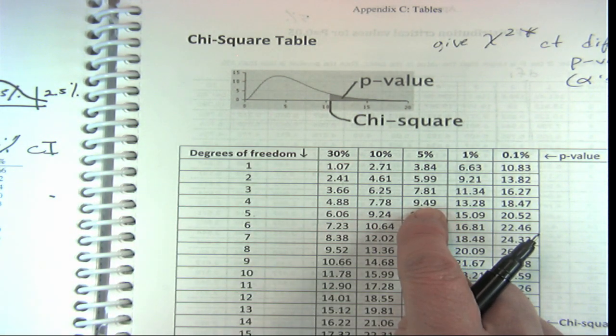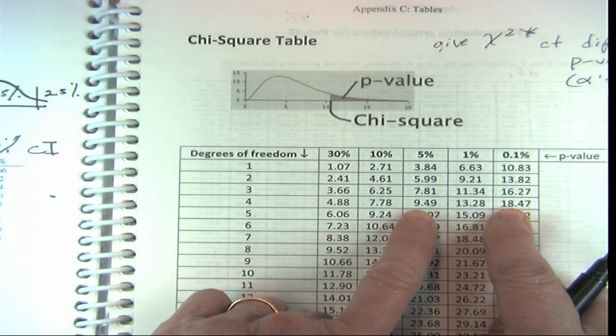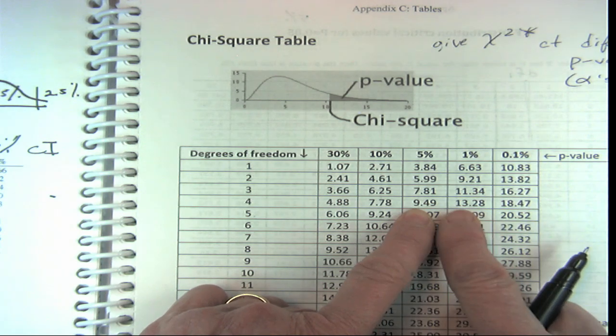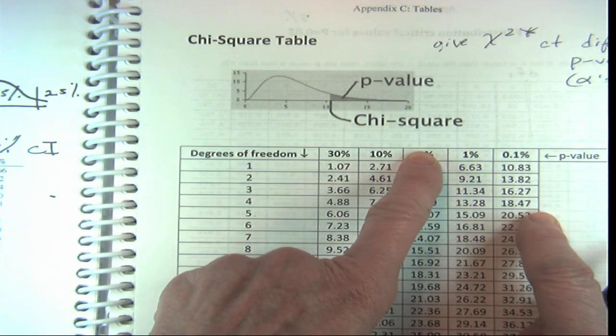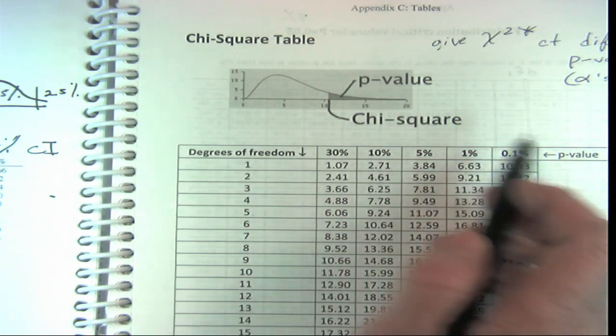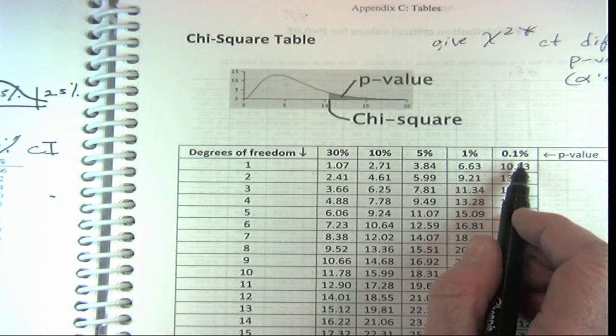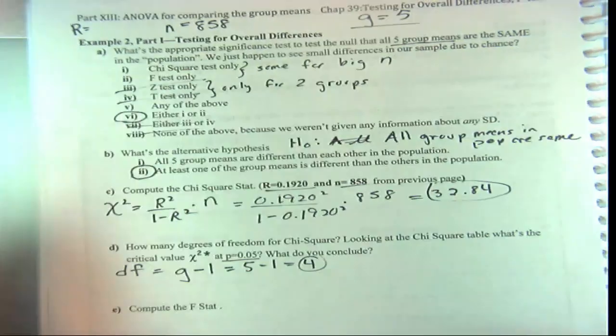But ours is even bigger. So 9.49 is what the question asked, but our p-value is going to be smaller than 5%. It'll be smaller than 0.1% because our statistic is bigger than 18.47. So let's use that instead.